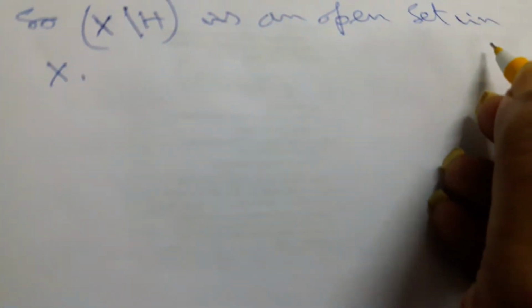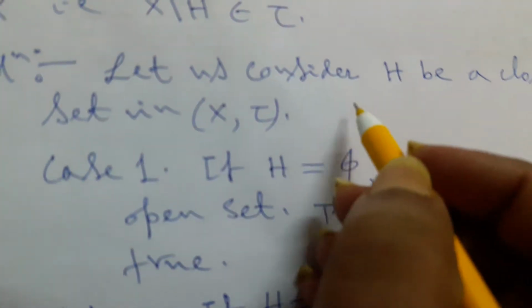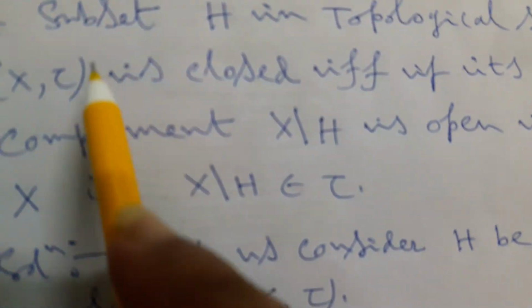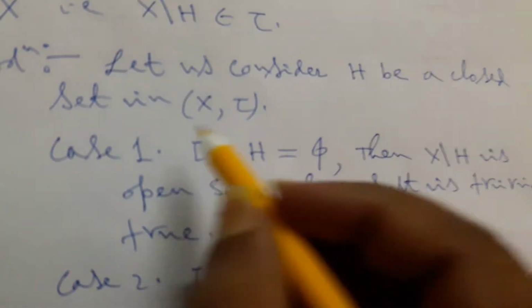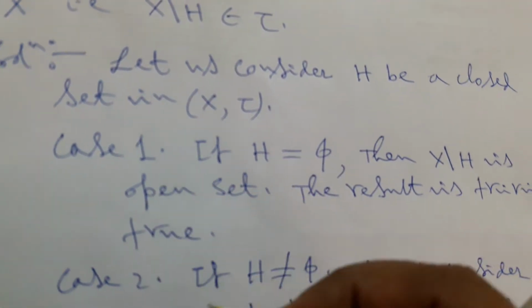This is the necessary part, because here we consider the subset H of the topological space to be closed. Two cases arise.